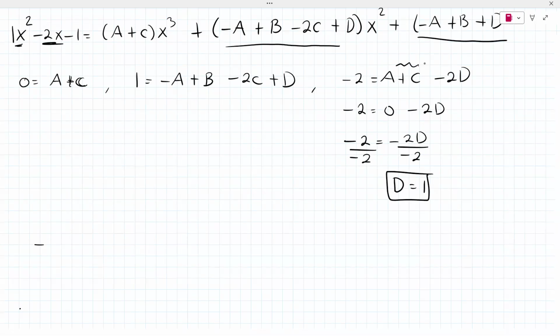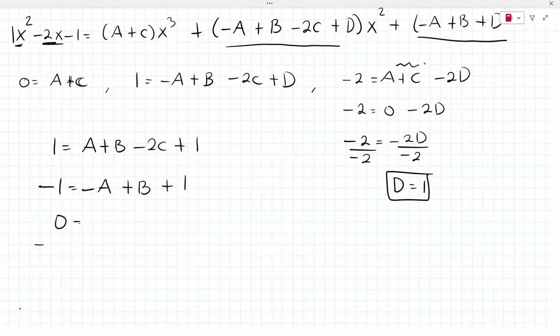So we know that 1 equals a plus b minus 2c plus 1. We also know that -1 equals negative a plus b plus 1.